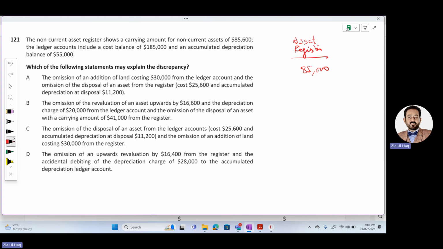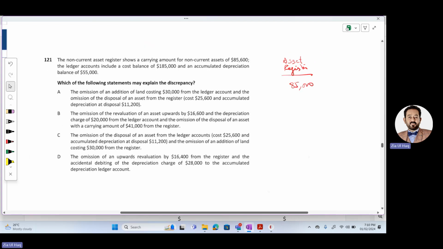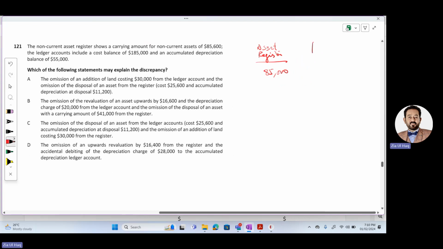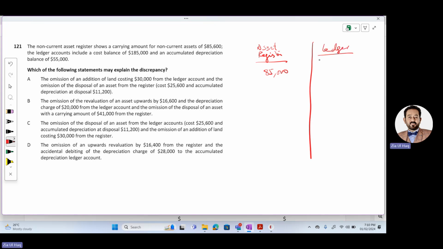The ledger account includes a cost balance of 185,000 and an accumulated depreciation balance of 55,000. So what is the carrying value? 130,000.